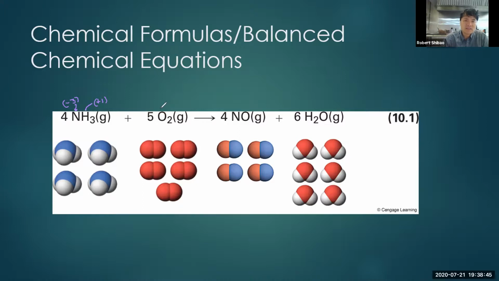This oxygen is 0, and we call 0 poor for oxygen because oxygen would like to be -2. And so 0 is okay.